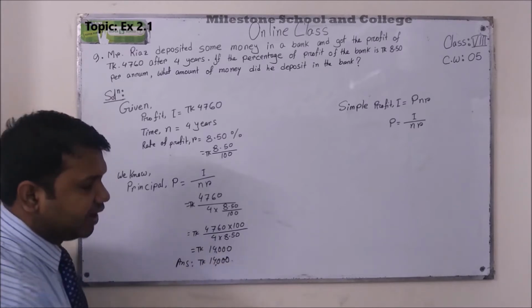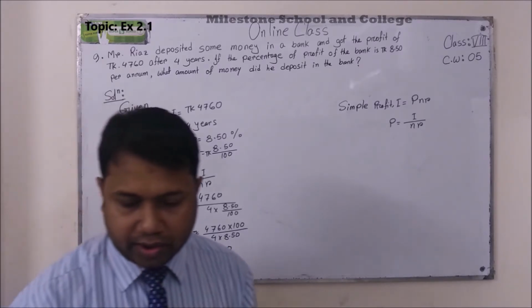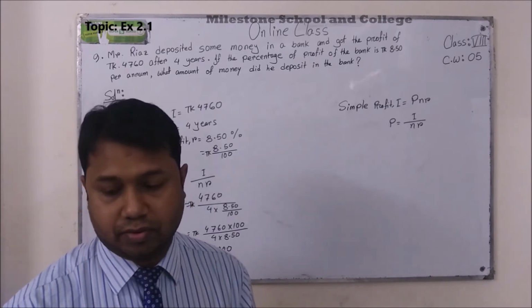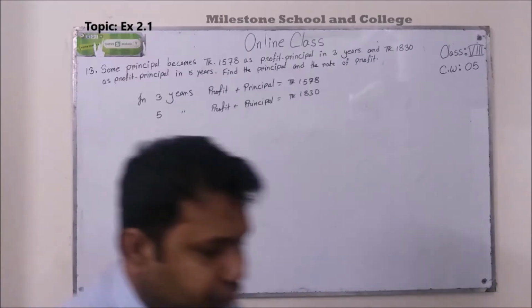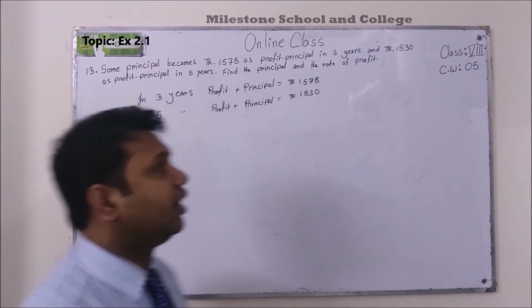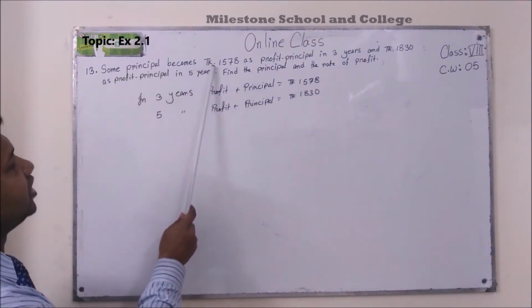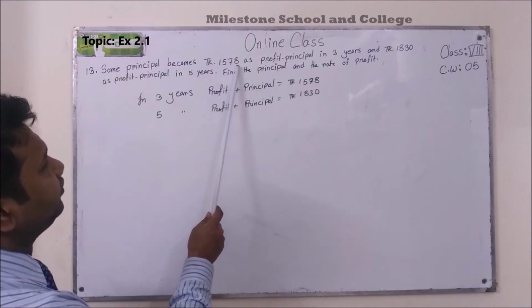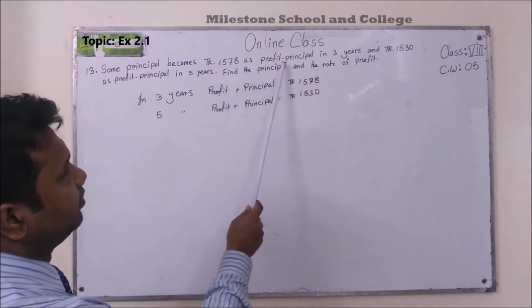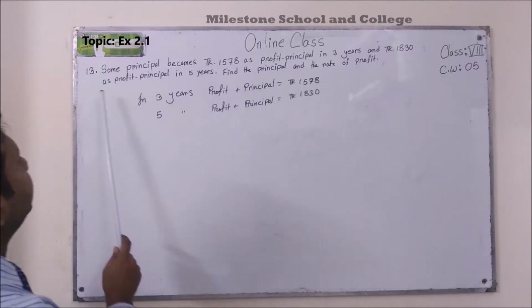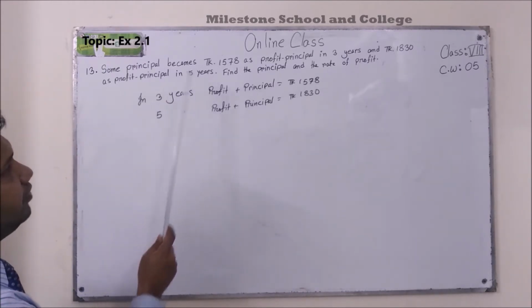So I think you understand the math, and if you understand, we'll go to the next question, question number 13. Here is question number 13 that you can see on the board. Some principal became taka 1578 as profit plus principal in 3 years, and taka 1830 as profit plus principal in 5 years.